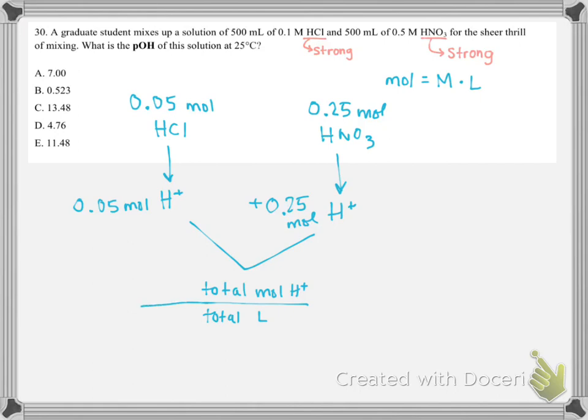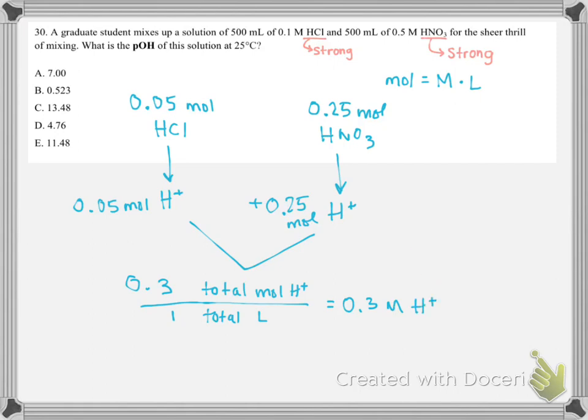So my total moles of protons will be 0.3. My total liters will be combining that 500 mL with the other 500 mL for one total liter. So I'm just going to have 0.3 molar protons.